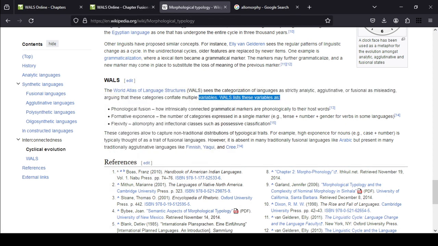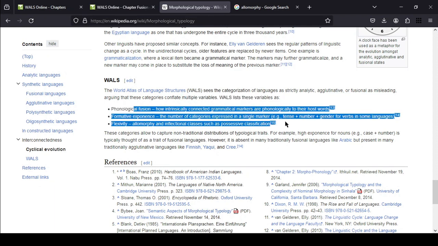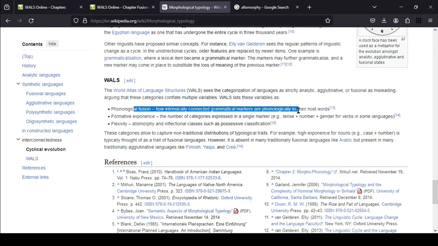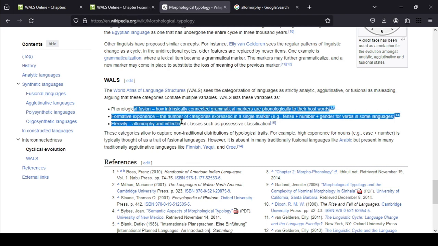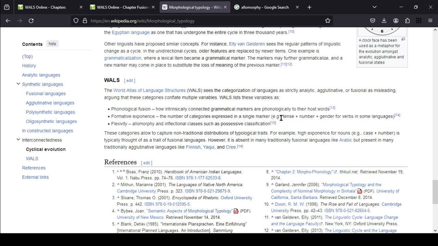Phonological fusion is how intrinsically connected grammatical markers are phonologically to their host word. Formative exponents is the number of categories expressed in a single marker, like tense, number, gender for verbs in some languages. Two females in the past would be a completely unrelated marker to two females in the present. It would just be an entirely different thing.